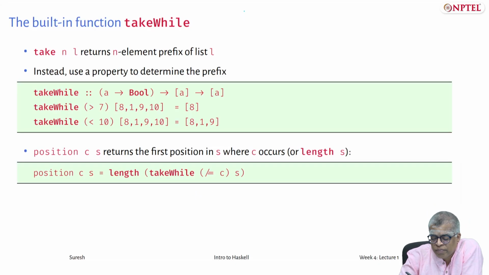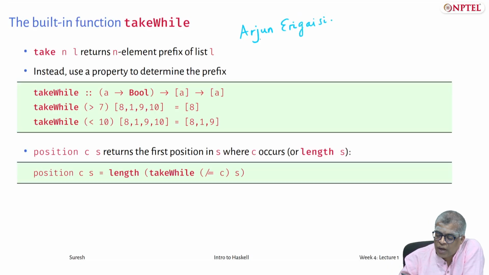So for instance, let us say my list is the string Arjun Erigaisi, and I want to see where G occurs in it.